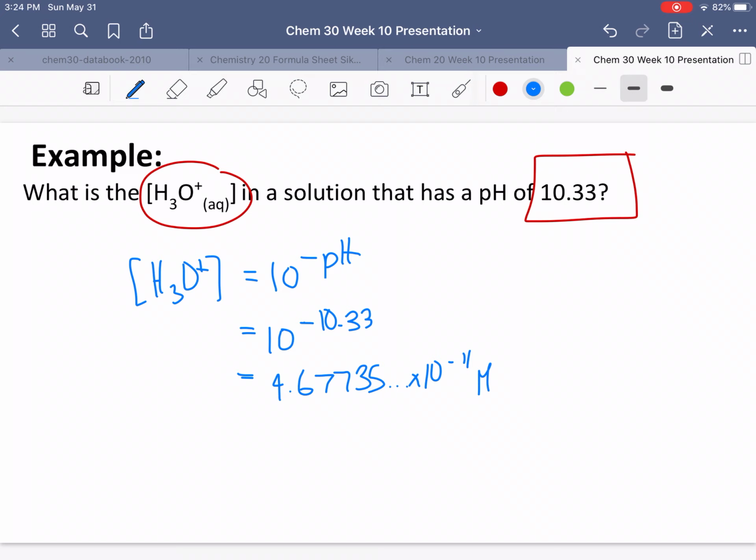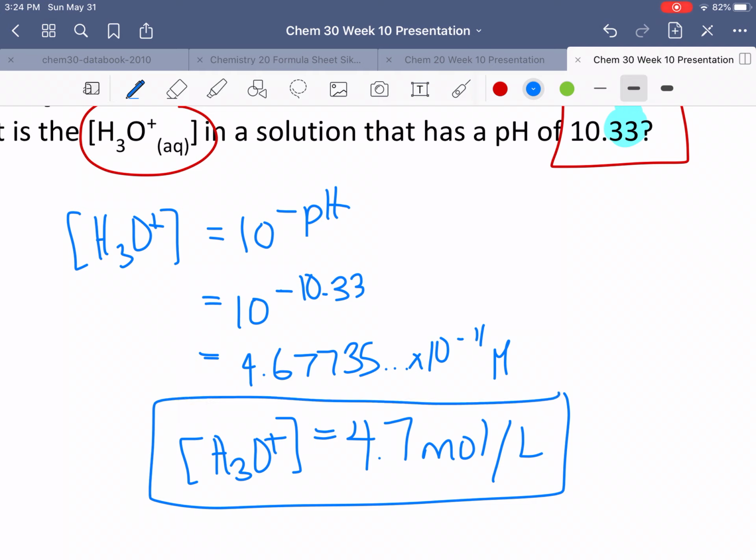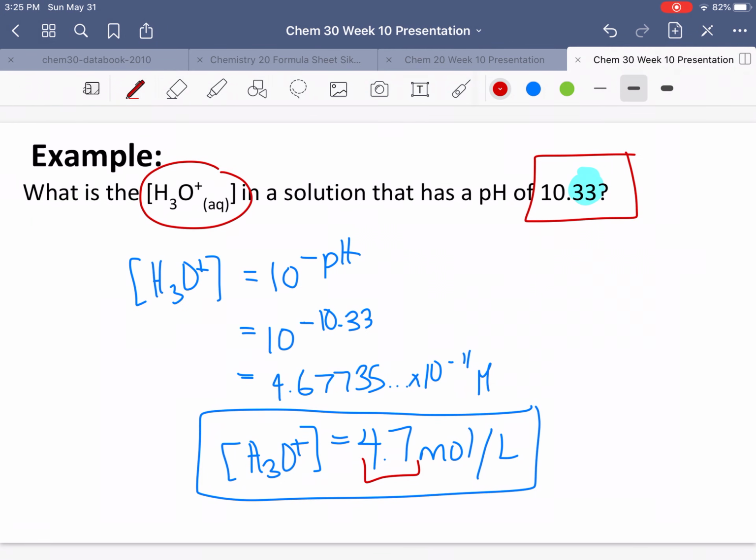Now think back. This has two significant digits. Only the numbers to the right of the decimal place are significant. So hydronium concentration, therefore, is equal to 4.7 times 10 to the negative 11 moles per liter. And there are indeed my two sig digs. Notice something else here, guys. Concentration, of course, has units.